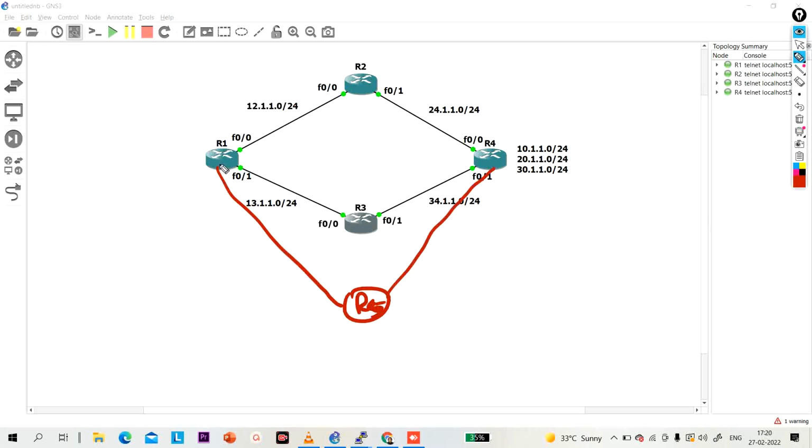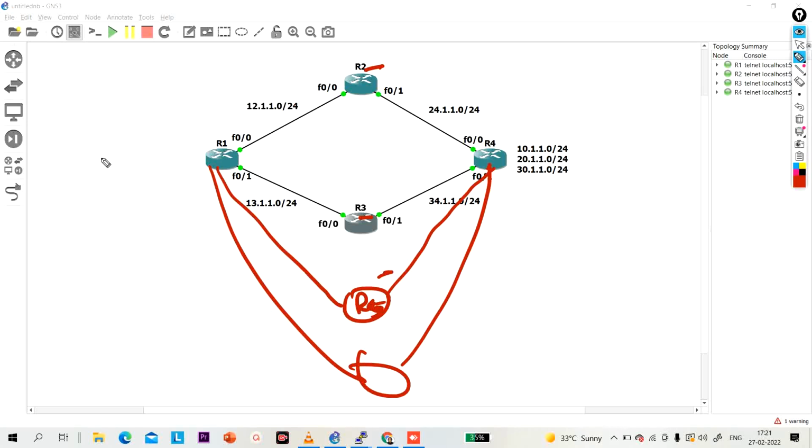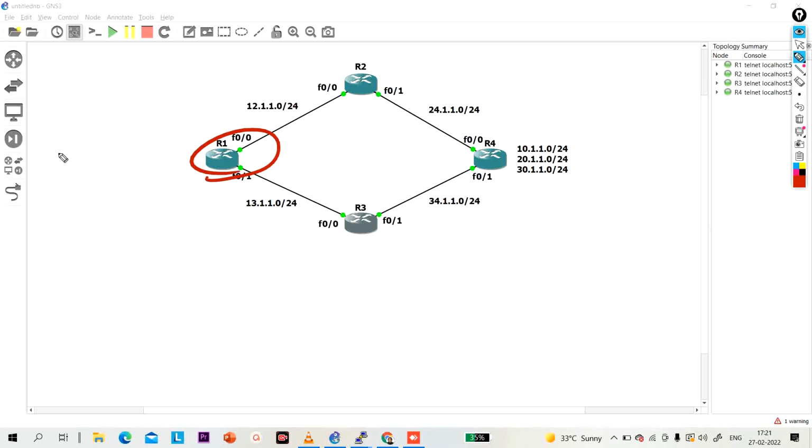Then definitely R1 will perform equal cost load balancing between R2, R3 and R5. And suppose we have one more router over here, right? So definitely R1 will store 4 paths in its routing table. In my scenario, R1 will store 2 paths in its routing table, right? Via R2 and via R3.